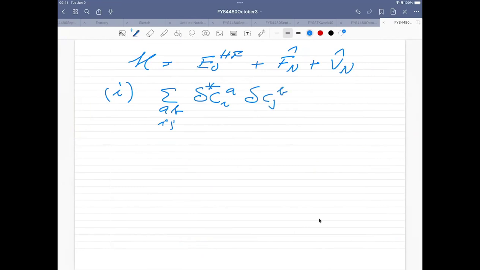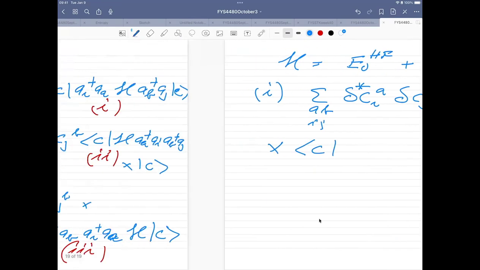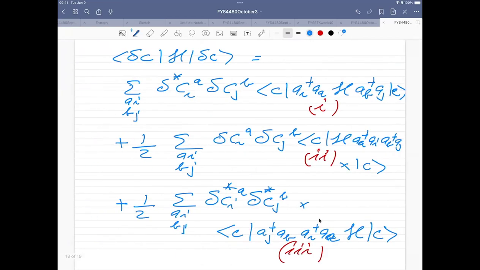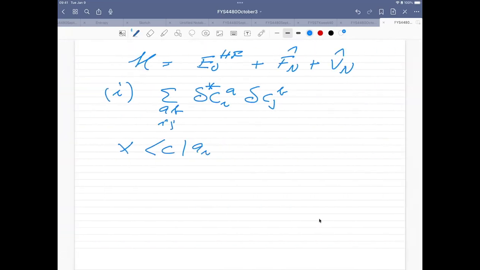And then this is going to be multiplied with C, and then I have my state here, which, if we look back, has an a_i dagger, so there's going to be an a_i, an a_a, and then I'm going to have E0 Hartree-Fock, plus this F_N, plus V_N, and this is multiplied with a_b, a_j, and then acting on the true vacuum, on the reference state.